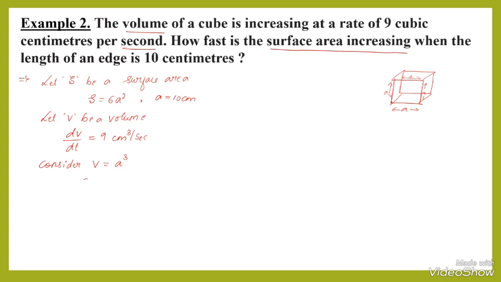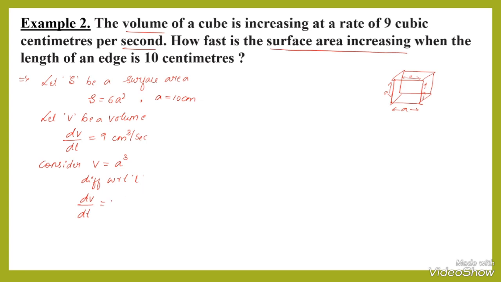So I can differentiate with respect to t, because the volume will be increasing with centimeter cube per second. It means the volume changes with respect to time only. So I can take dV by dt, differentiate with respect to time.